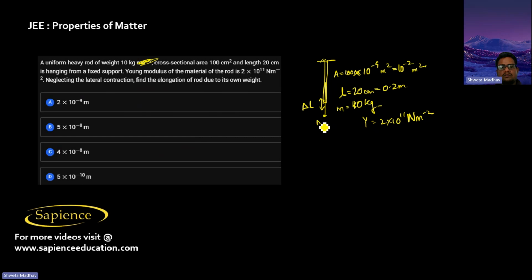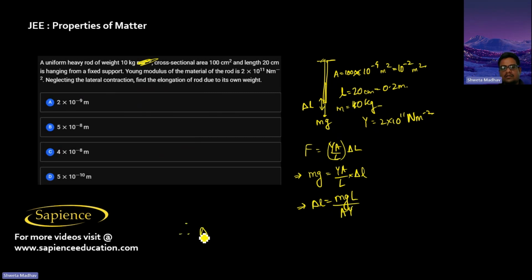So the weight of the rod is mg. And so I can say force, as we know, force is equal to YA by L into delta L. So now force, that is mg, is equal to YA by L into delta L. Now this delta L will be equal to mgL by AY.